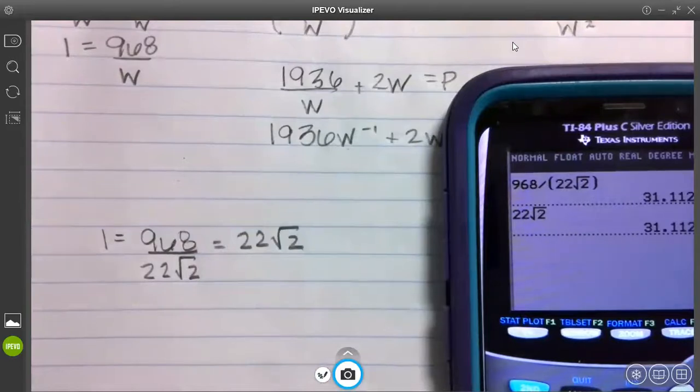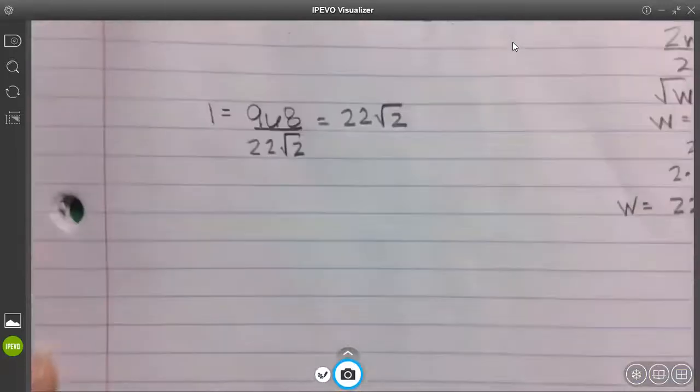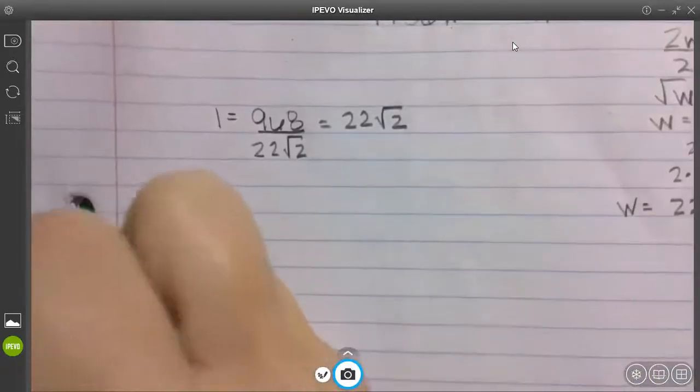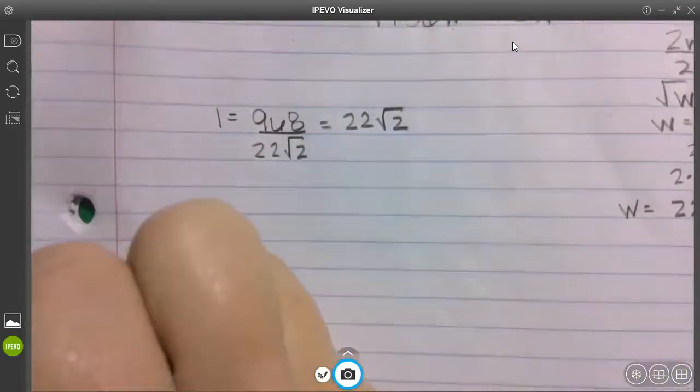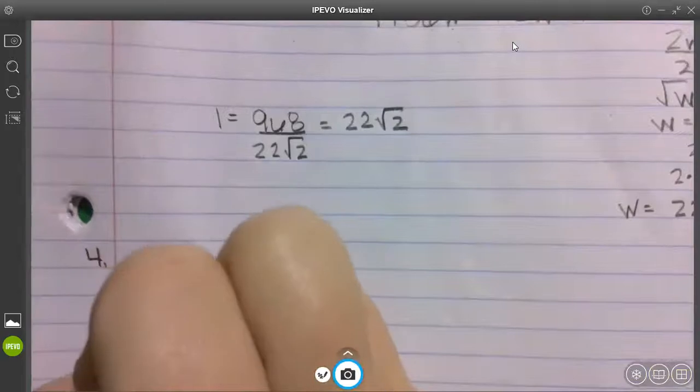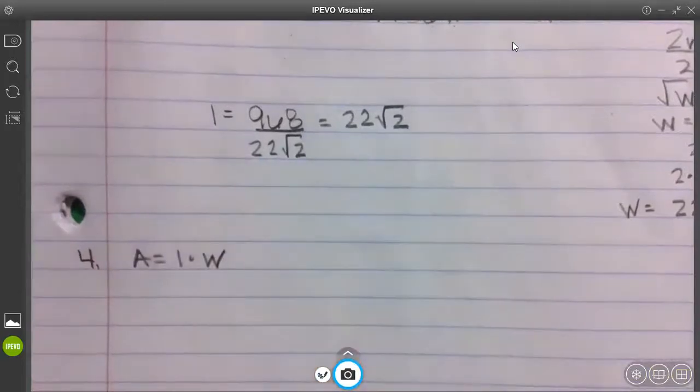Number 4 is exactly the same way. It says find the length and width of a rectangle that has an area of 72 square feet and whose perimeter is a minimum. So area, again, is length times width. Like I told you the other day, 1 and 2 are the same, 3 and 4 are the same, 5 and 6 are the same, 7 and 8 are the same, and then 9 and 10 will be the same, and it'll be the exact way for your test as well.